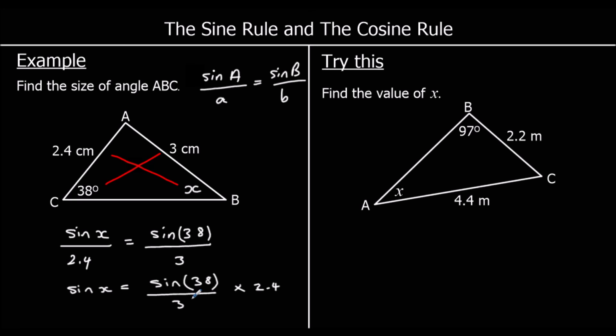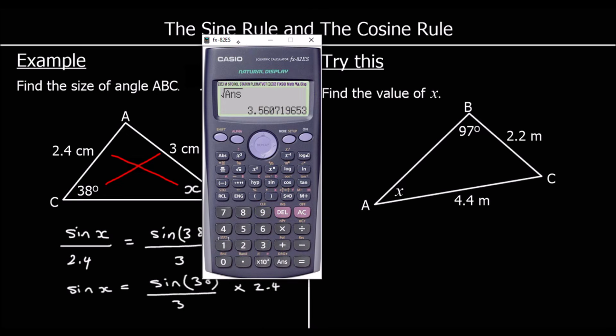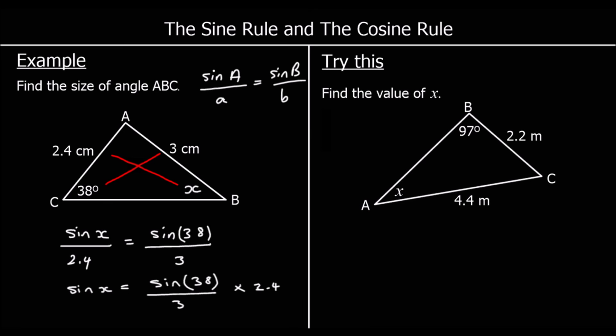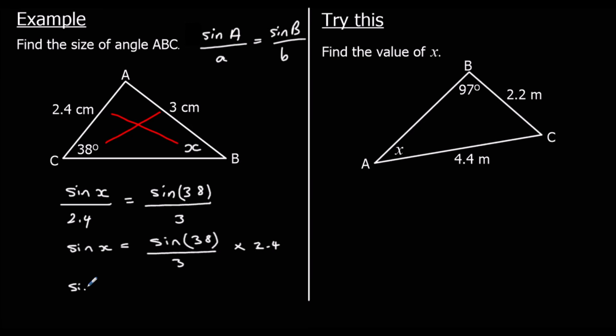And we type that into the calculator. Sine 38 over 3 times 2.4. So we've got 0.492 and so on. So sine x equals 0.492 and so on.